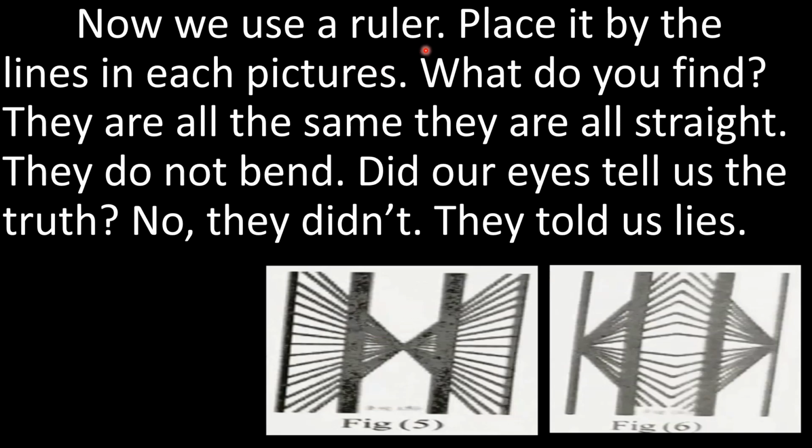Now we use a ruler. Place it by the lines in each picture. What do you find? They are all the same, and they are all straight. They do not bend. Did our eyes tell us the truth? No, they didn't. They told us lies.